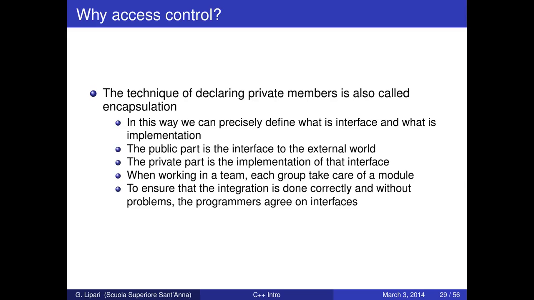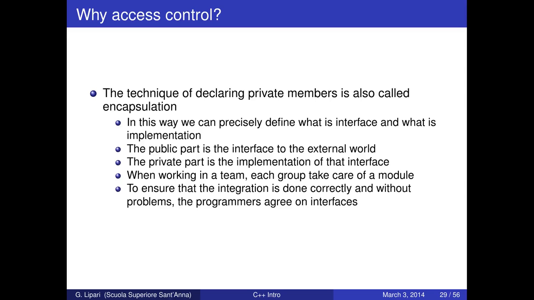So why do we want to use access control in programming languages and in C++? Well, the technique of declaring some of the members as private is called encapsulation, and is used in object-oriented programming to separate what is implementation from what is interface.